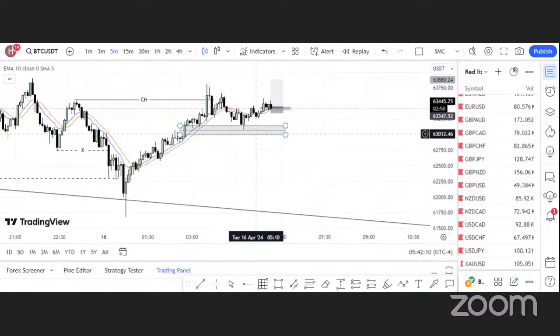So let's see how this current candle closes, and if it goes to our stop loss, we close the trade.